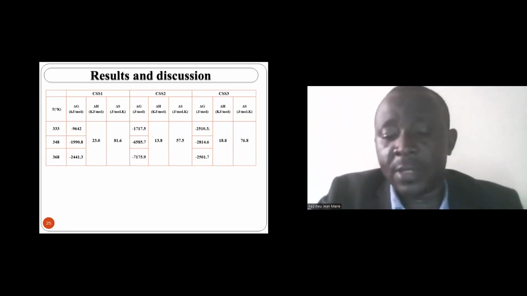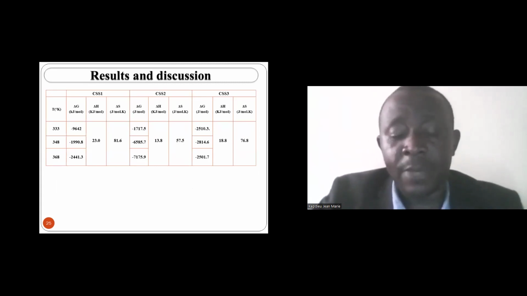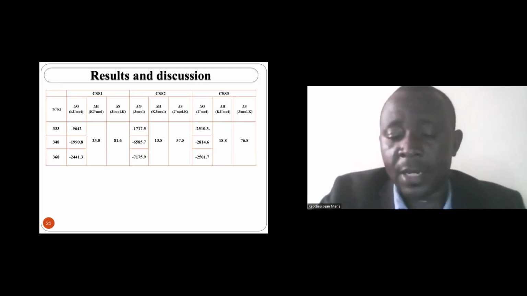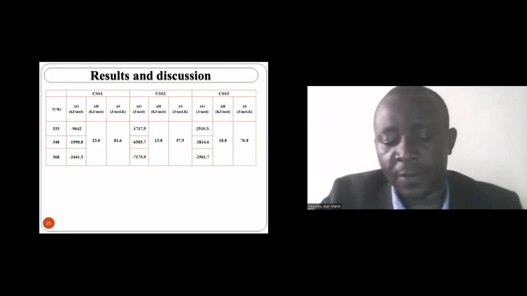Thermodynamic constants were obtained by varying temperature from 333 Kelvin to 368 Kelvin. The table you have here presents the values of the Gibbs free energy, enthalpy, and entropy for each composite. It can be noticed that the Gibbs free energy values are all negative, and those of enthalpy and entropy are all positive.